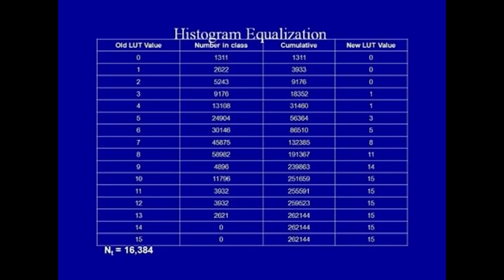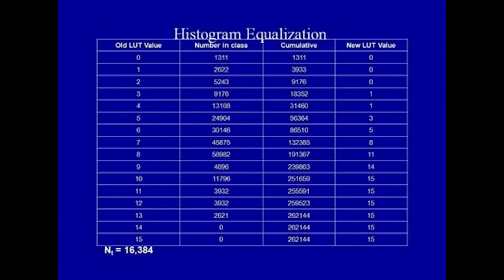That means we have 16 levels of brightness and the total number of pixels in the image is 262,144.